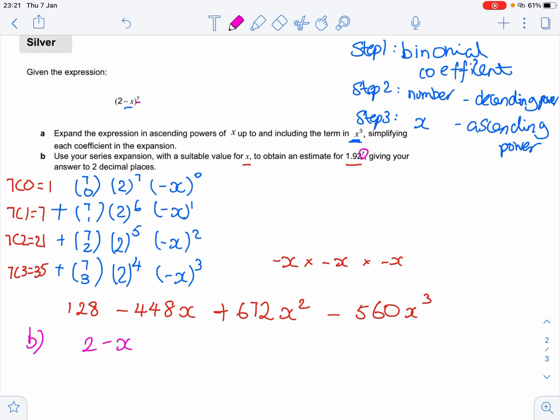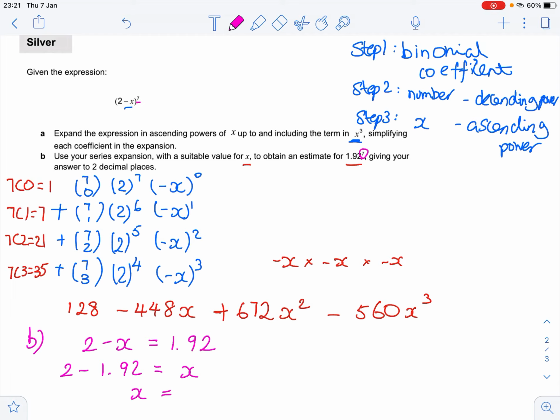So inside the bracket, I have 2 minus x has to be equals to 1.92. Therefore, I can just rearrange my equation to find out x would equal 2 minus 1.92.